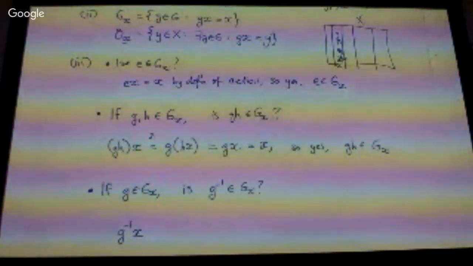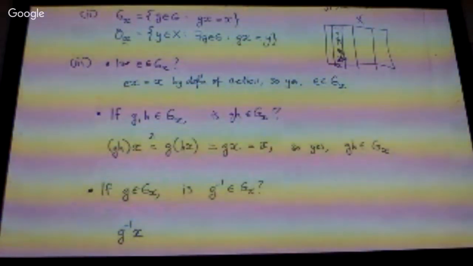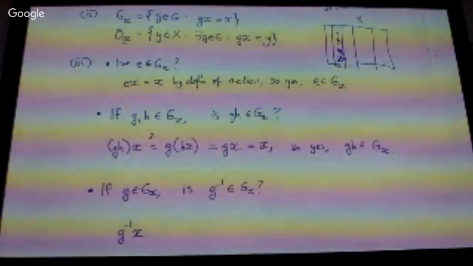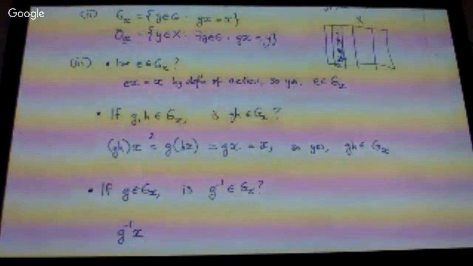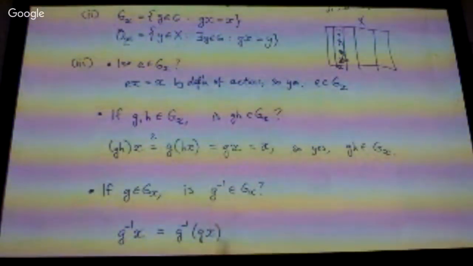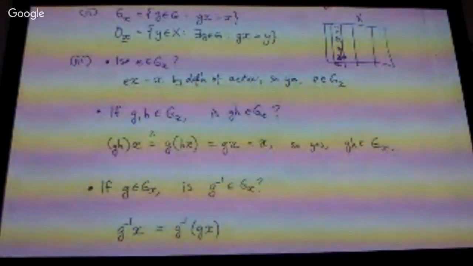We want to show that this is also equal to X. One way to do this is, we know that G is in the stabilizer, so we can replace this X with GX because that's the same.